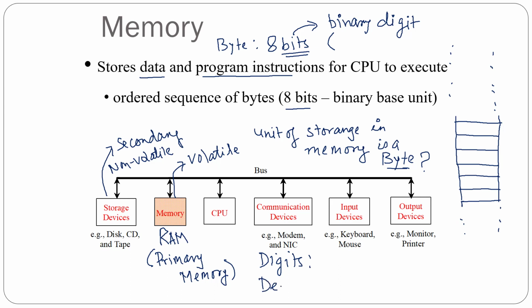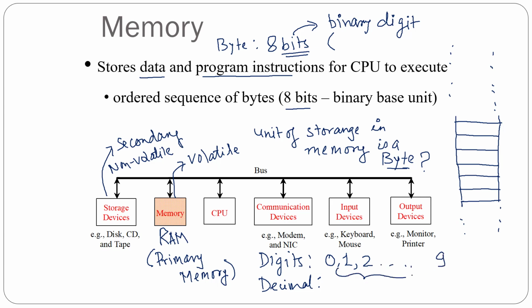Decimal. The number system that we human beings use in our day-to-day life uses decimal digits, and these digits are 0, 1, 2, all the way till 9.